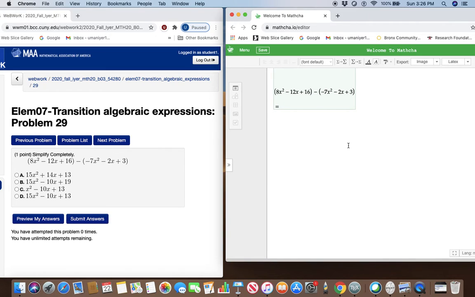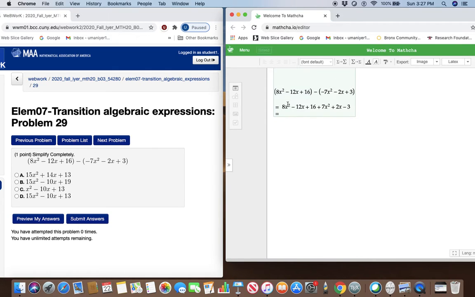Okay, open the parenthesis, 8x² minus 12x plus 16. Now negative, because of the subtraction, all the signs change. So plus 7x² plus 2x minus 3. Okay, so notice that negative distributes and changes all the signs.